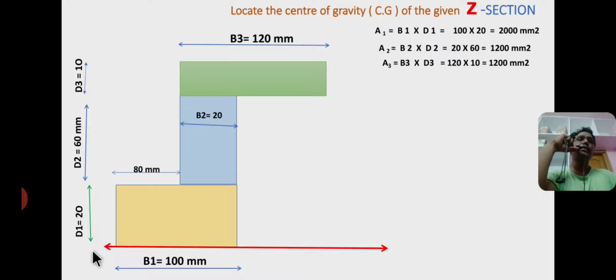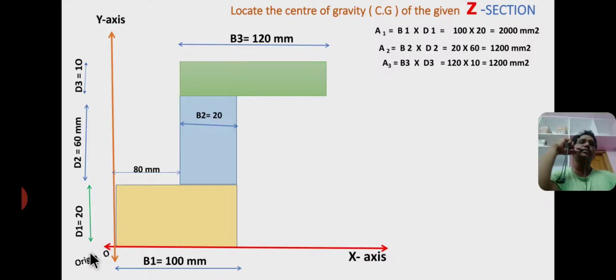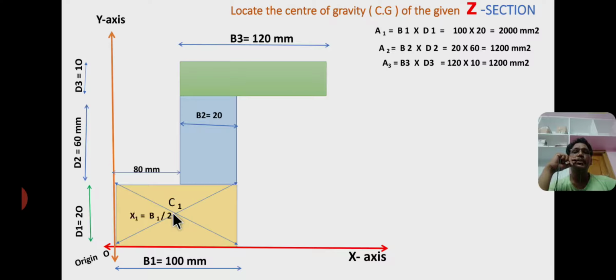Now I consider the x-axis at the bottom edge and y-axis at the left side edge. This is origin. So the entire figure lies in first quadrant. Therefore the values of x and y are positive. Now I am drawing the diagonal lines to locate the individual centroids. C1 is the centroid of a bottom rectangle at a distance of x1 from y-axis and y1 from x-axis.